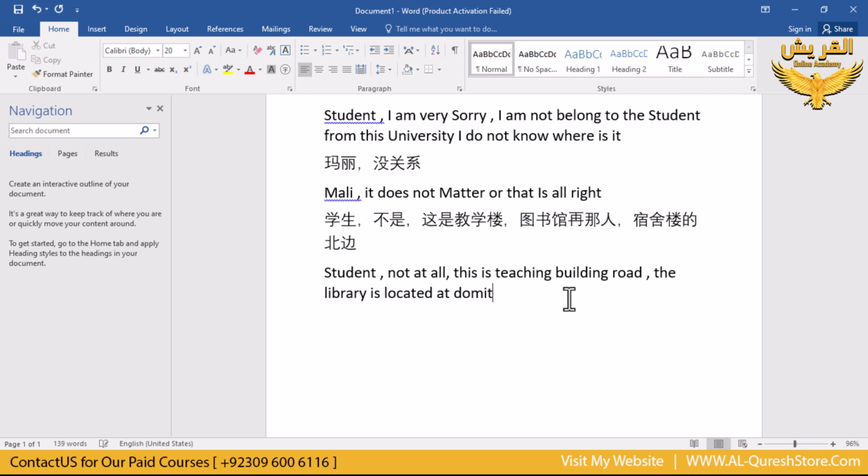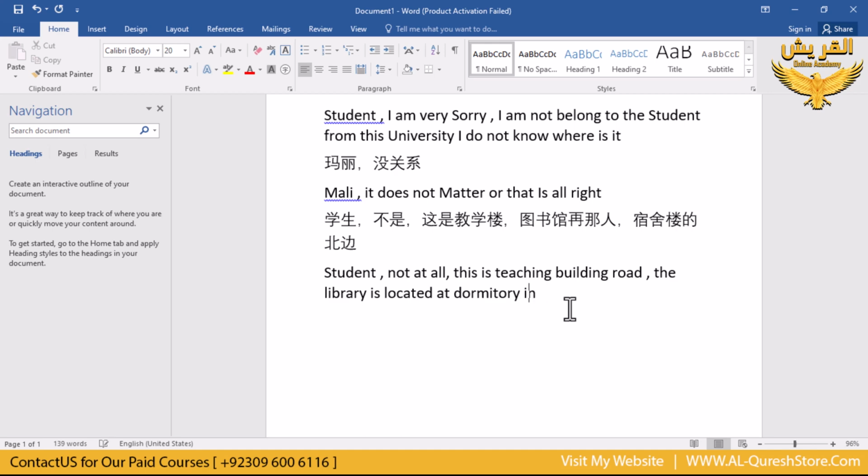Dormitory. Dormitory road. Susha is the Pabian north side.